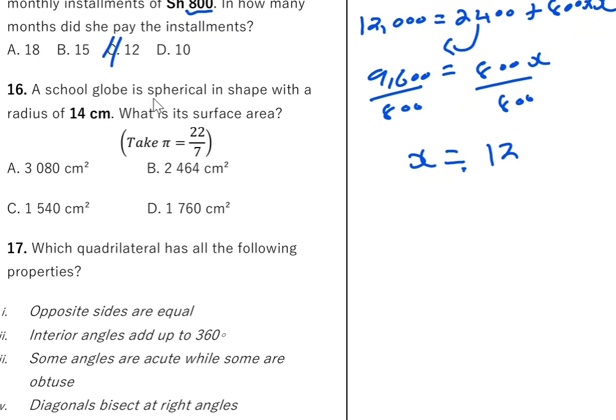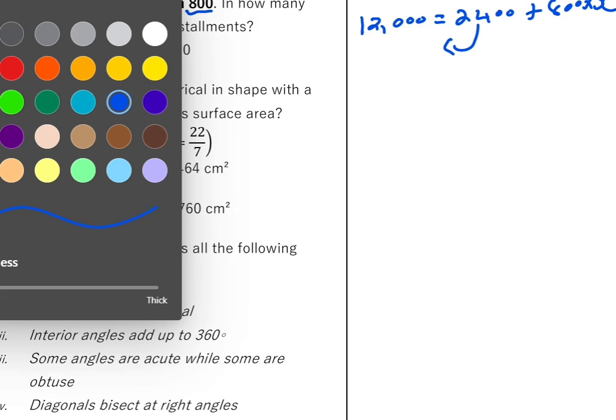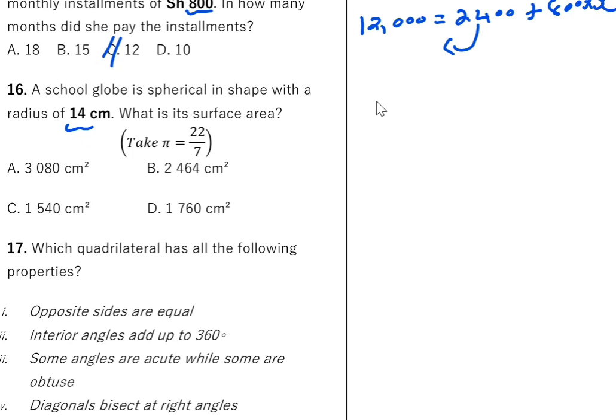A school globe is spherical in shape with a radius of 14 centimeters. What is the surface area? You know the surface area of a sphere is given by 4 pi r squared. So for a sphere, the formula is 4 pi r squared. So the surface area here, you have the radius is 14.